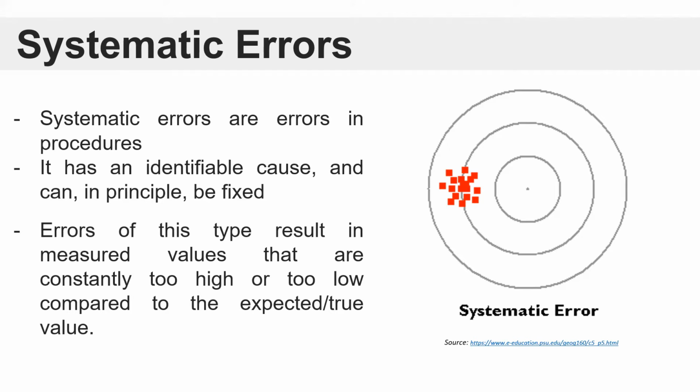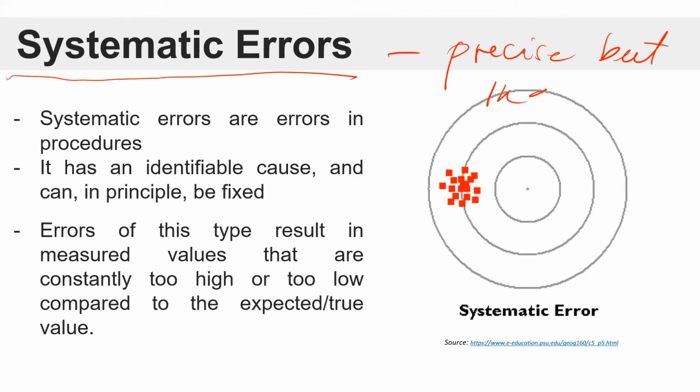That is why when you have systematic errors in your measured values, the measurements are precise but inaccurate. It seems correct, you are following the procedure, right? It seems like what you are doing is what is in the experimental design.